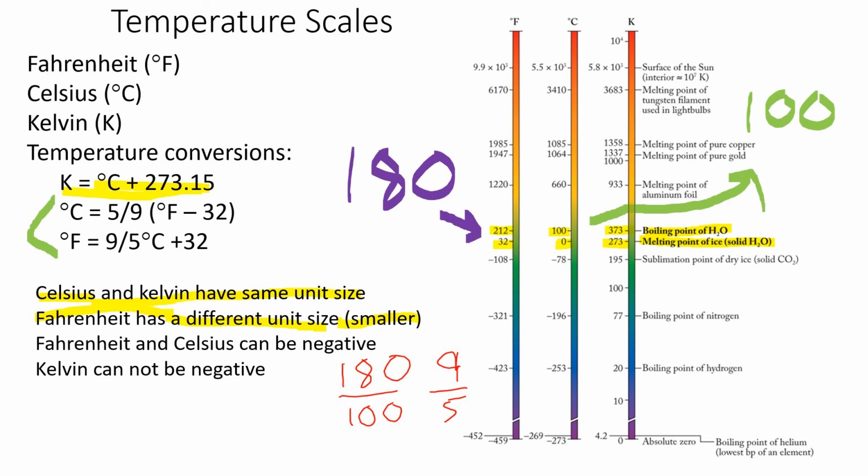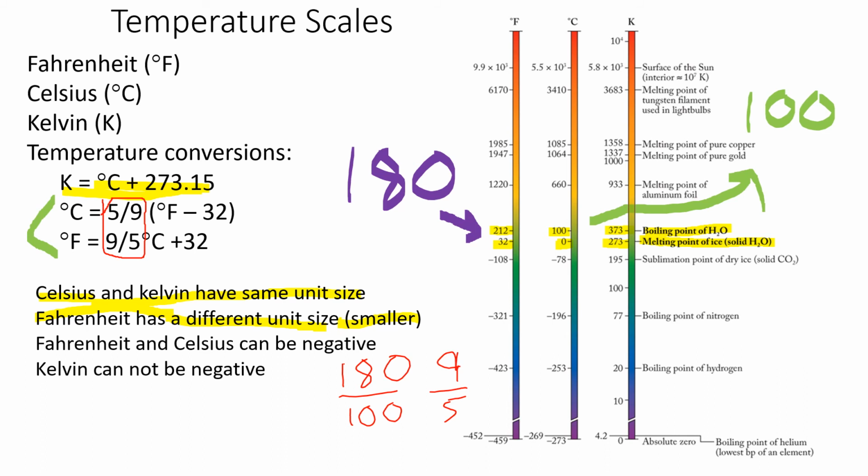Well, you kind of see that in the equation. Flip it around and look at it the other way: 100 divided by 180 would be 5 over 9. You're seeing those in those equations. So plus 32 versus minus 32, that just sets the 0 point. So now you're kind of understanding where these equations ultimately came from. They came from the fact that Celsius and Kelvin have the same unit size, but Fahrenheit has a different unit size, that's a little bit smaller.